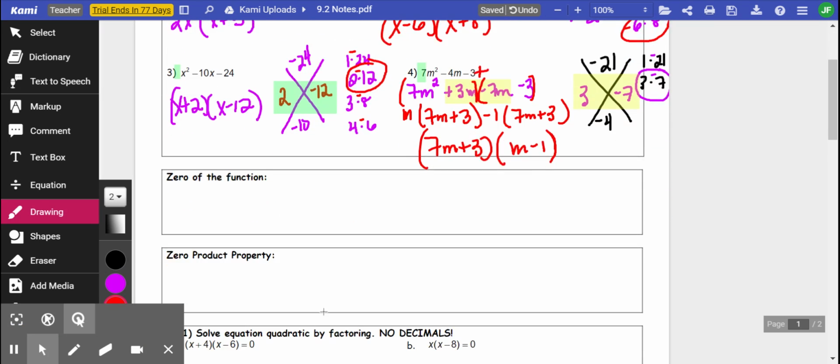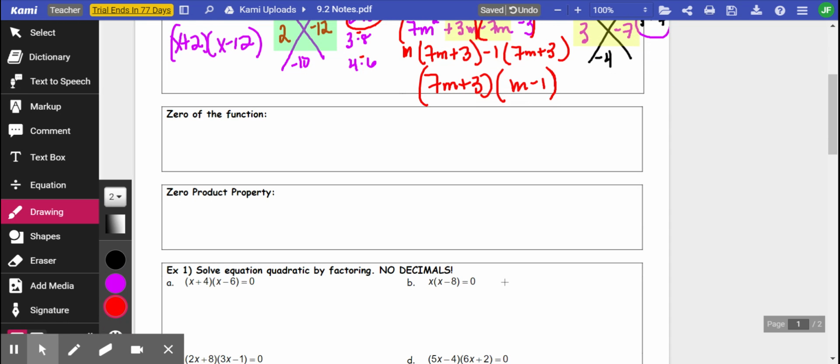Okay, zero the function. We talked about a 0 is going to be a solution that actually corresponds to when y equals 0, or an x-intercept.